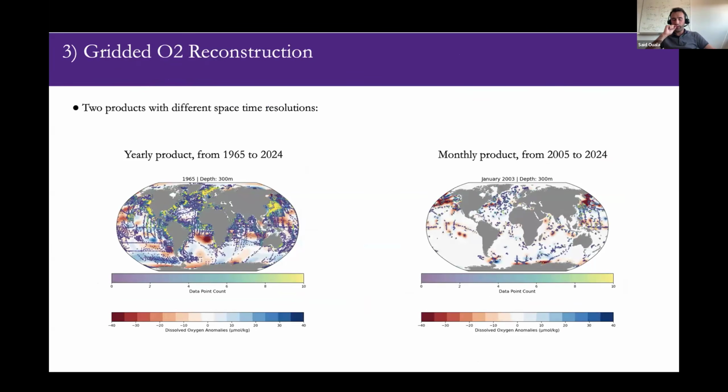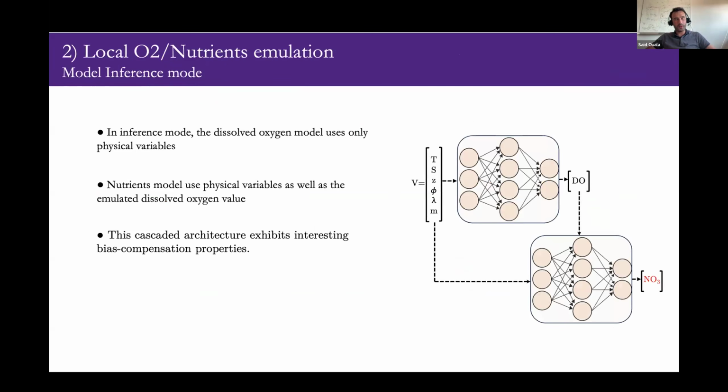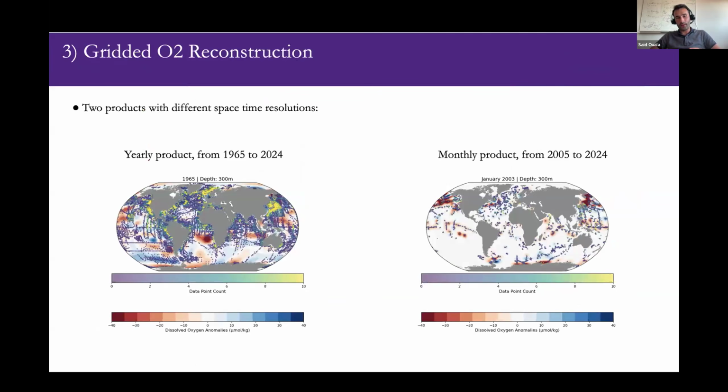Thank you very much for the question. We don't predict nutrients and oxygen based on gridded products. Actually, we predict nutrients and oxygen using in situ observations and not interpolated ones. So these provide us with a better coverage of dissolved oxygen and nutrients.